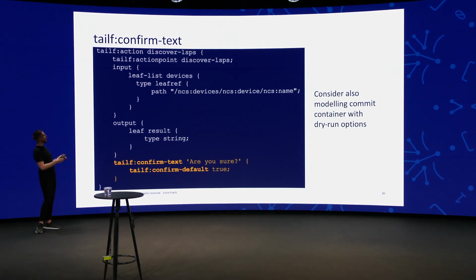So if input is commit dot dry-run dot outformat native, then use the process with your logic and use the commit flag in the end with the native, then parse the result towards your output to see the diff that will trigger in your FASTMAP. Don't shoot blindly your actions if you think that it might really disturb your network.